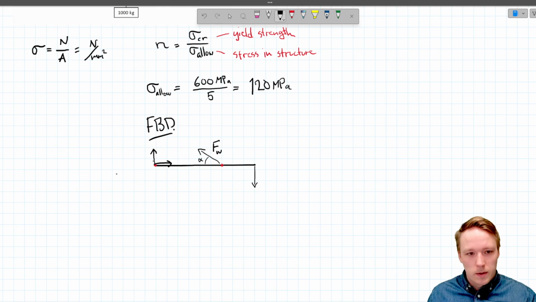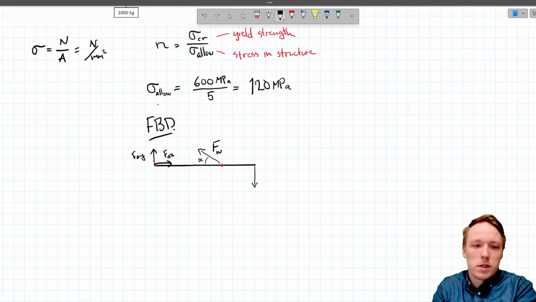Let's call these F_AY, so force in point A in the Y direction, and then let's call this one F_AX, force in point A in the X direction.